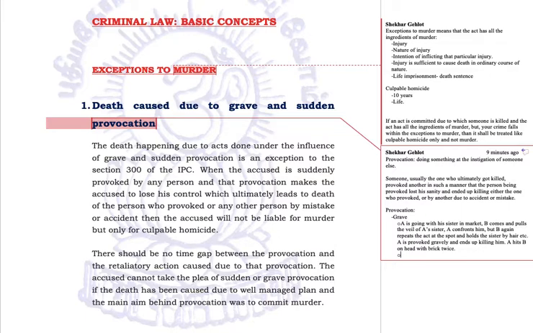Now let's go back to mens rea and actus rea. Two ingredients of the crime: you should have a guilty mind as well as a guilty act. Now guilty act is there. Even a guilty mind is there. He wanted to inflict that injury and inflicted it.